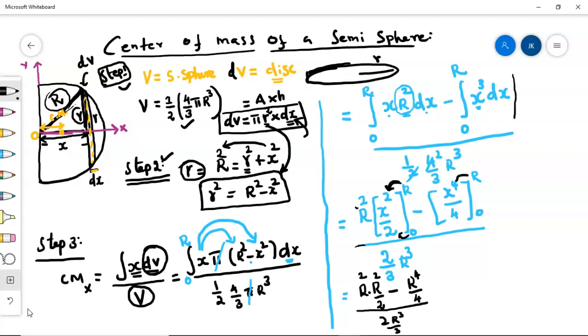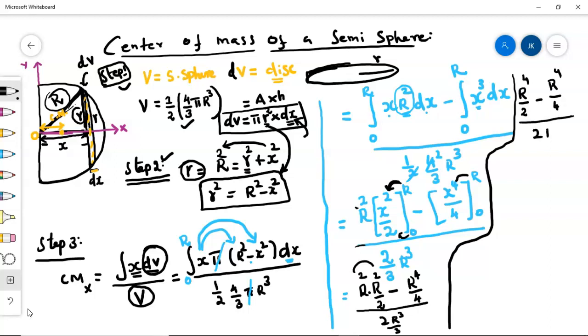So let's simplify again. So this 2, if we multiply, r to the power 4 divided by 2 minus r to the power 4 divided by 4 whole divided by 2r cube divided by 3.